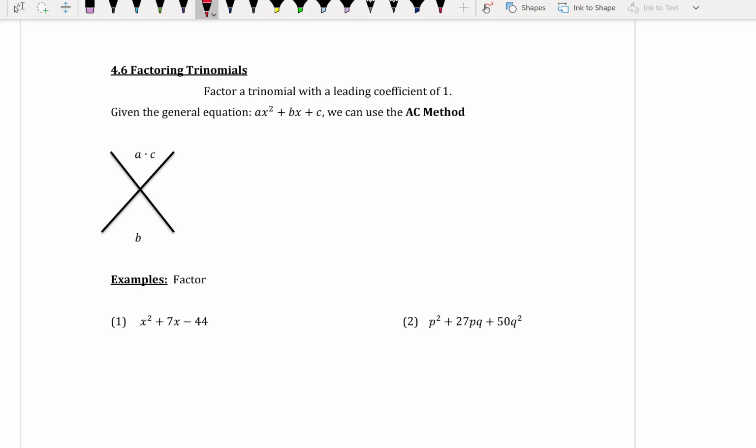What we want to do is we want a times c up on top. We want our original b value down at the bottom. And what we do is we replace this b value with two terms.